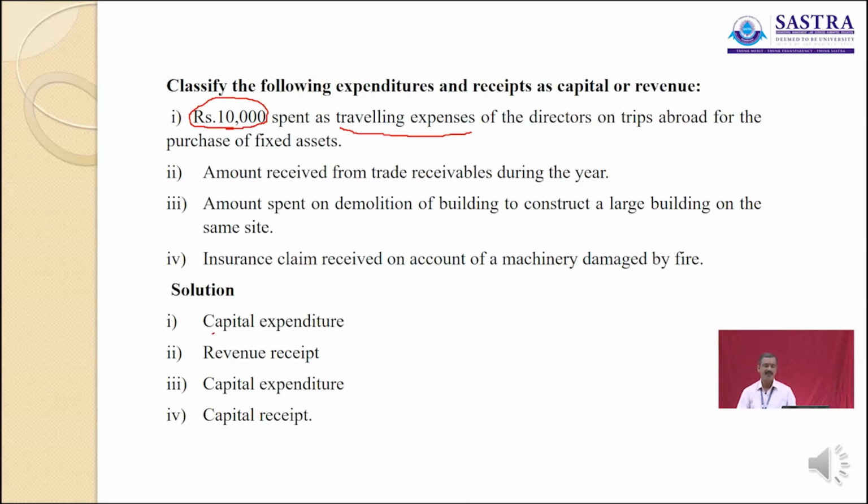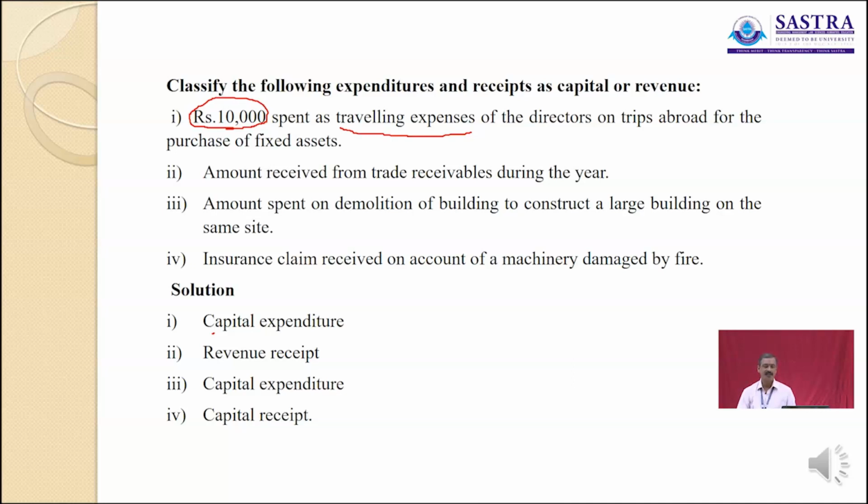See, the amount received from trade receivables during the year may also be treated as a kind of receipt. But what kind? Amount spent on demolition of building to construct a large building or new building.